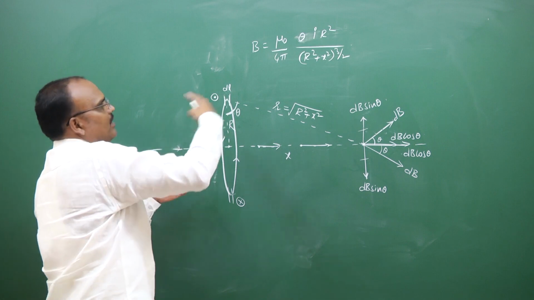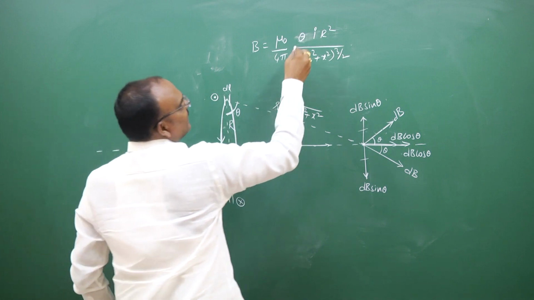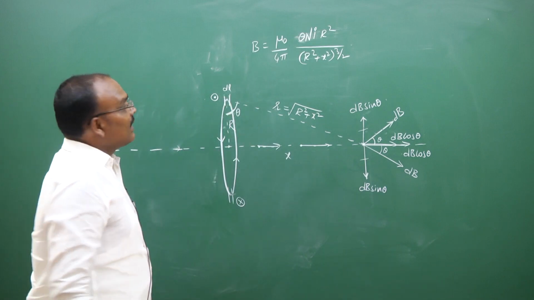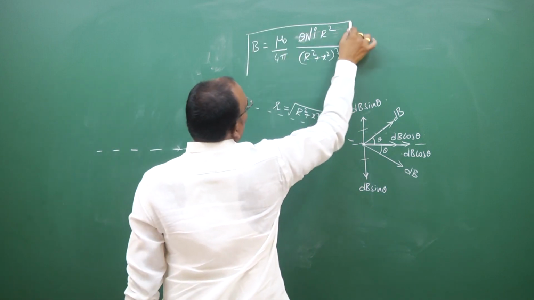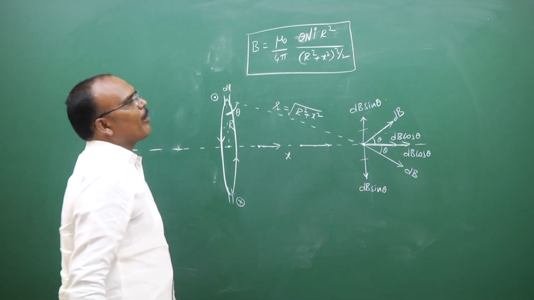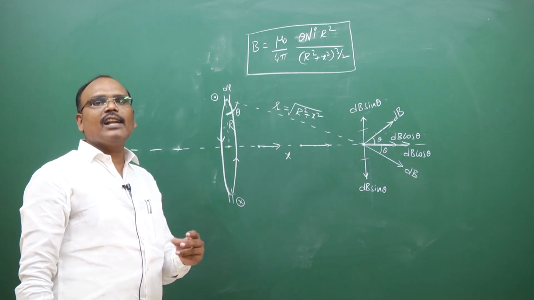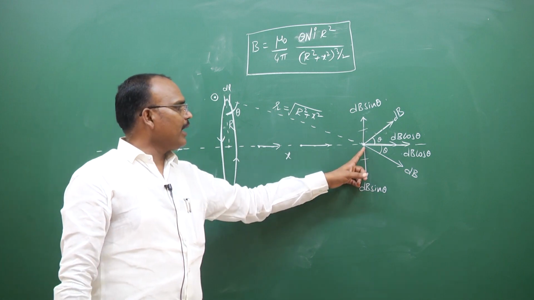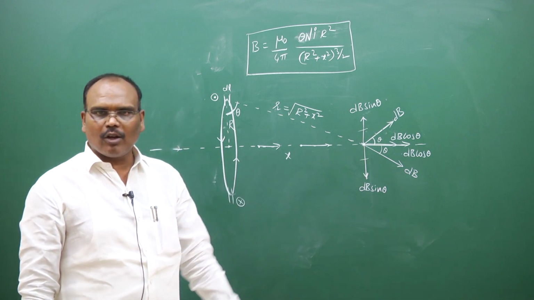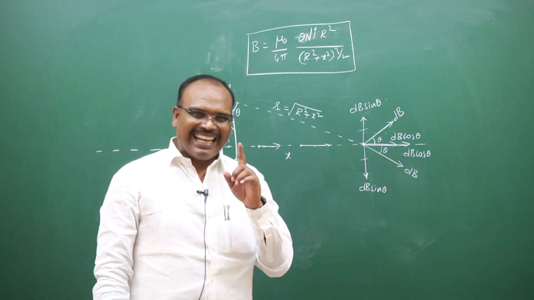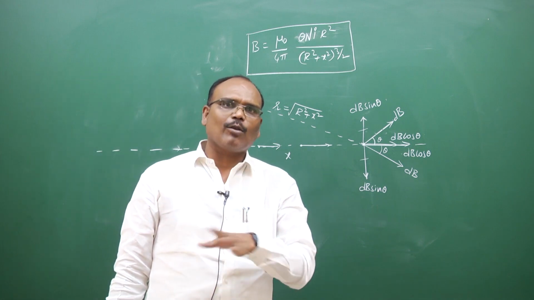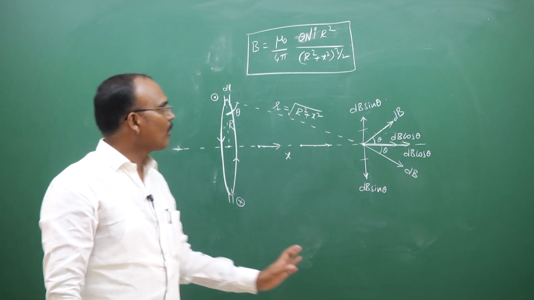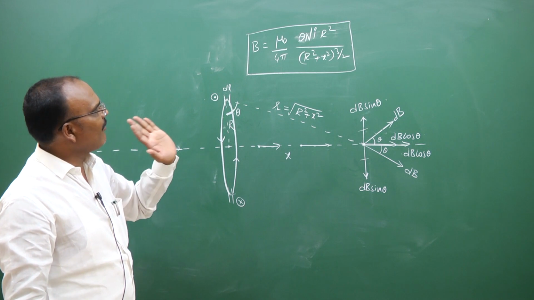If we have 2 turns, 3 turns, 4 turns, then that n I'll write here. So this expression is going to be very useful in solving competitive exams. Magnetic field at any point along the axis due to a current carrying circular loop is B equal to μ0/4π θ n I R² divided by (R² + x²)^(3/2). How this is going to be helpful for us, we'll see now.